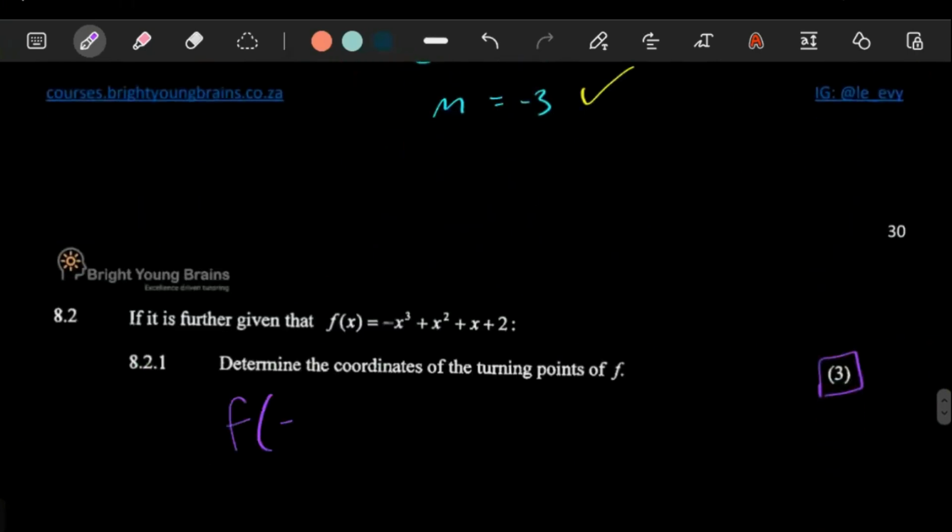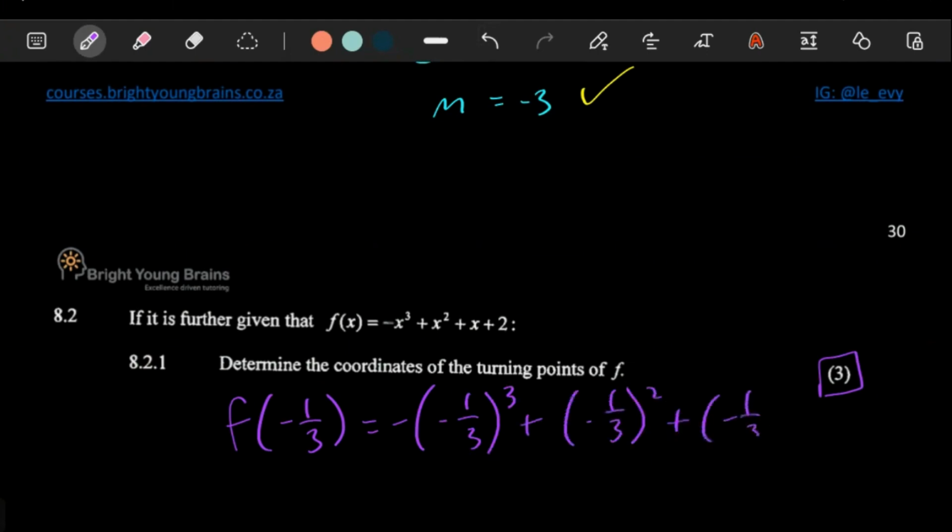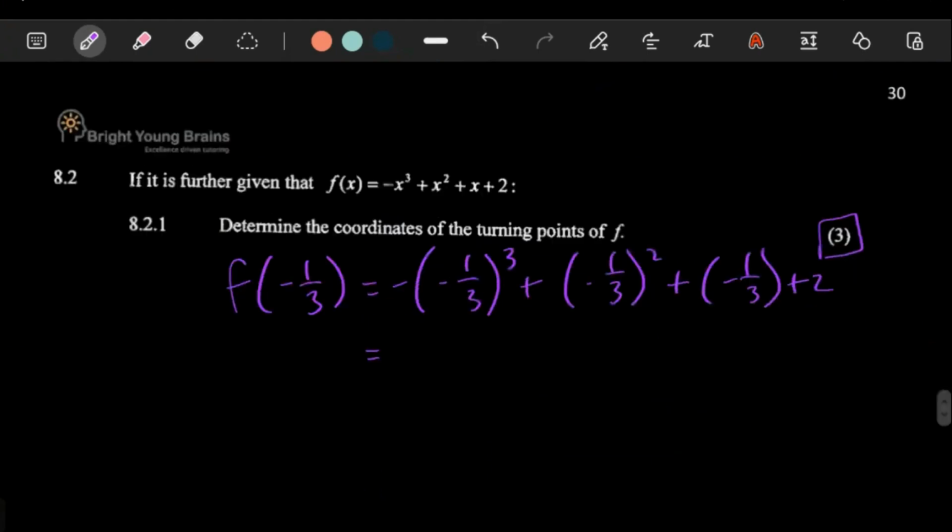So negative a third here. Let's do this. Negative a third, negative a third squared, negative a third plus 2. Let's see what the corresponding y value is in this equation.